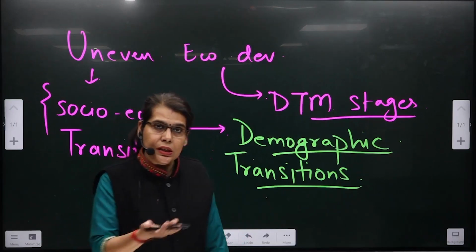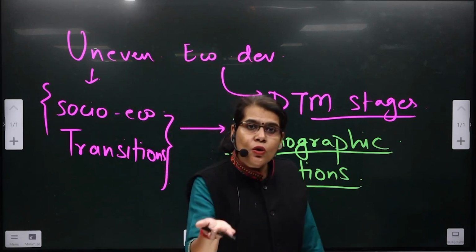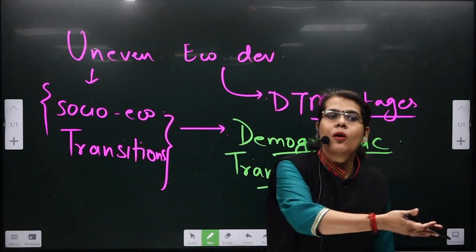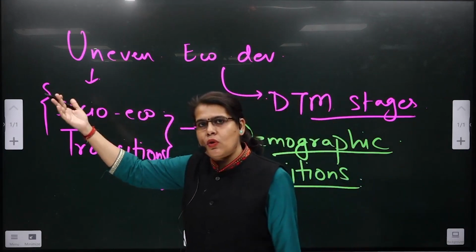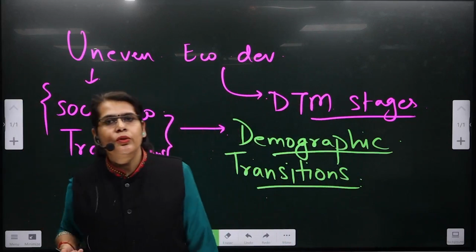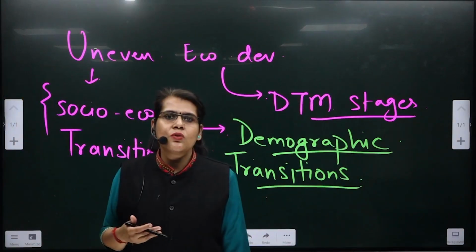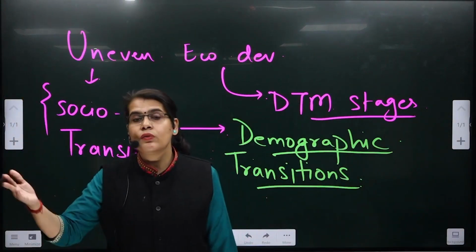But gradually, when the economy goes through the different stages of economic transition, which we can understand with the help of different models, let's say maybe the one with respect to Rostow, in that scenario, what will happen?